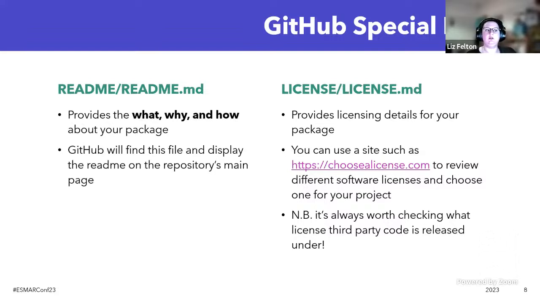If you are forking from other people's projects and using other people's code, it's worth checking what license their code is under, because if their code has a more restrictive license than your code does, you'll need to take that into account when choosing a license, or indeed deciding if you want to use their code at all. Excellent. Next one.